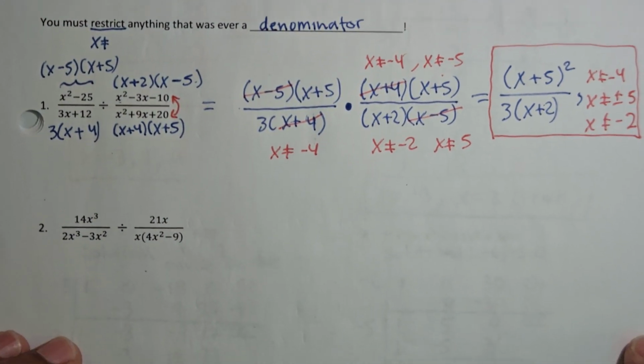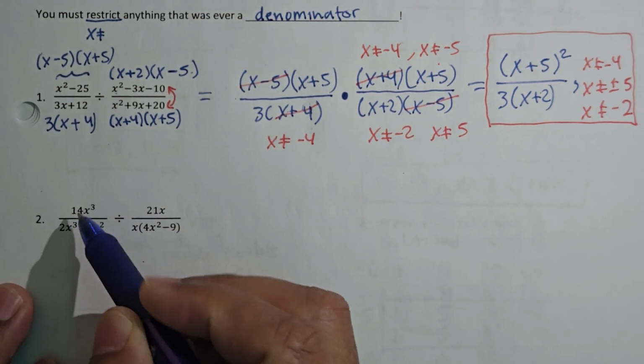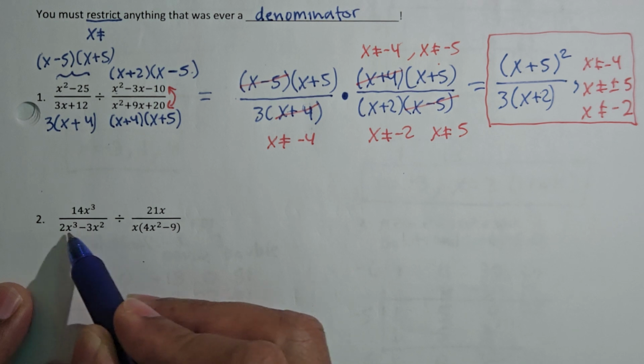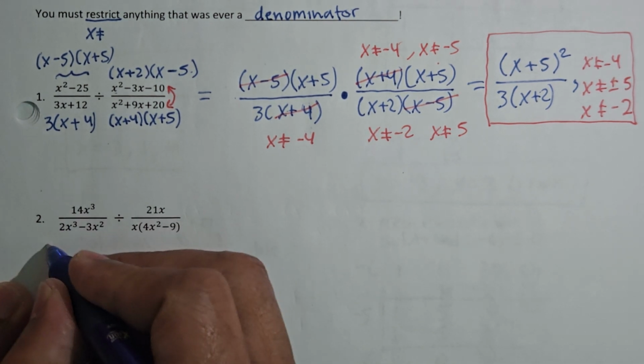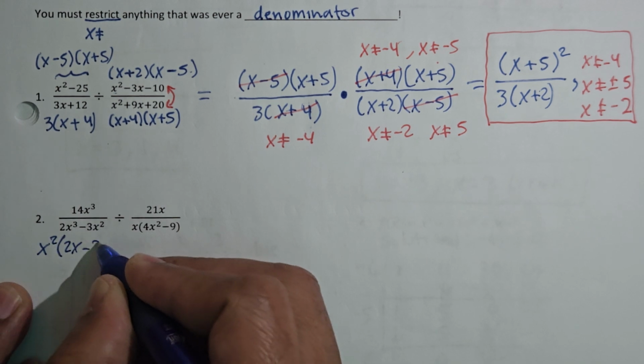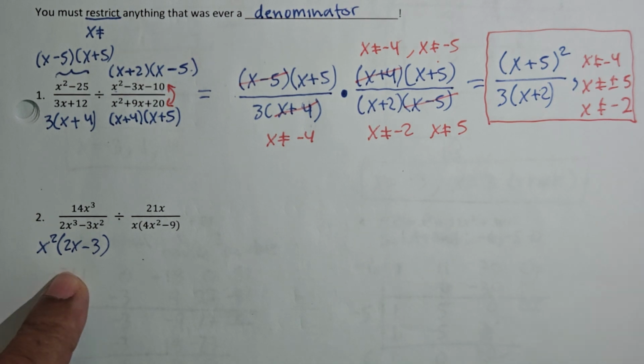For the second and last example, there's nothing here that I can do yet, but there's a GCF in the denominator, so I am going to factor it out. So this will be x squared times 2x minus 3. There's nothing else we can do so far.